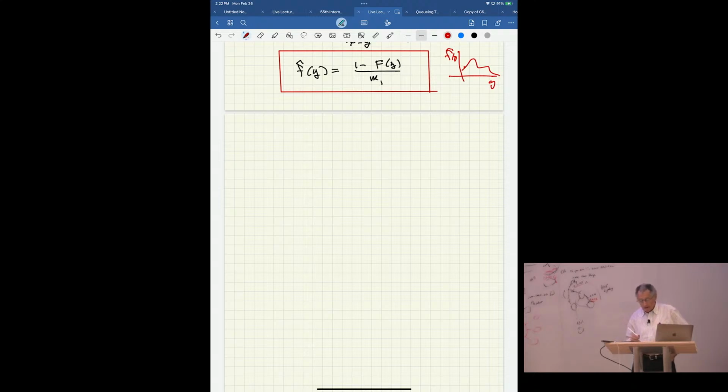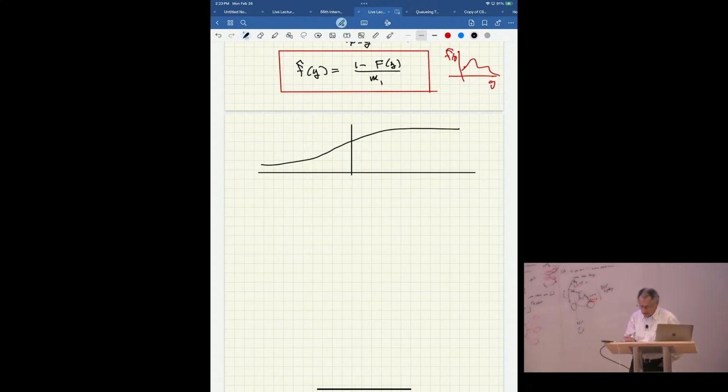By the way, I may or may not have pointed out, let's take it aside here. Suppose I have a probability distribution function. And what does it look like? So this is some distribution.